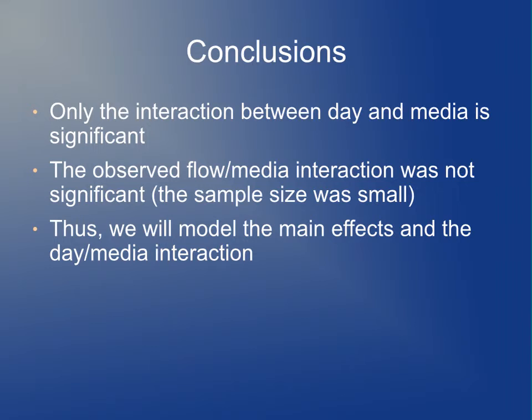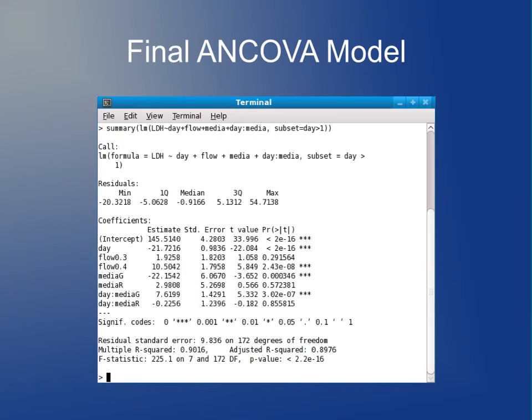Based on the graph, it's possible that if we had included day 1 we would have seen some additional interaction terms, but we didn't, so we don't. So our final model will just include the main effects plus an interaction for day and media.